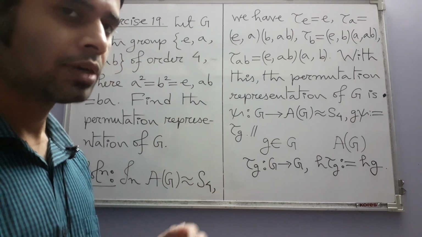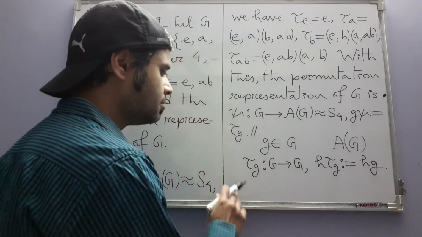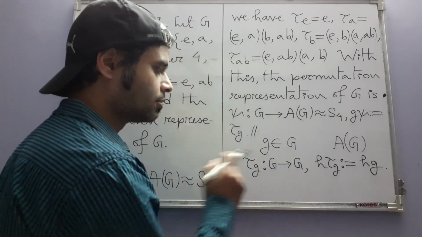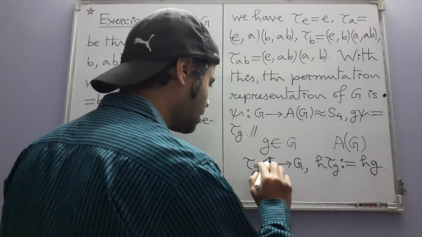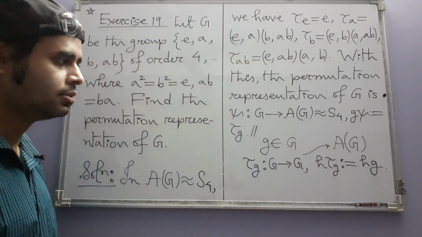One can then prove, and in fact we have already done so, that this tau g is a bijection on G, and as such tau g itself is an element in this permutation group A of G.